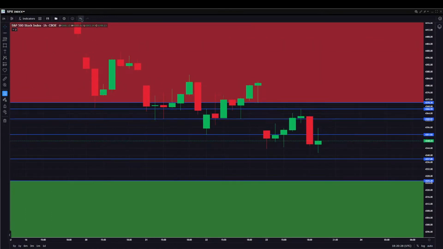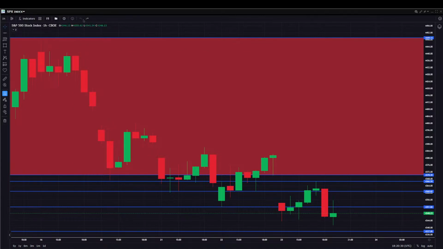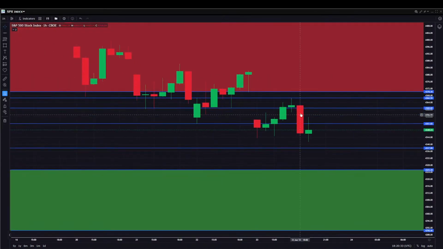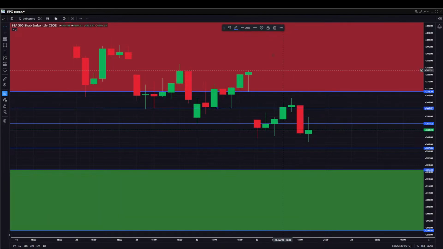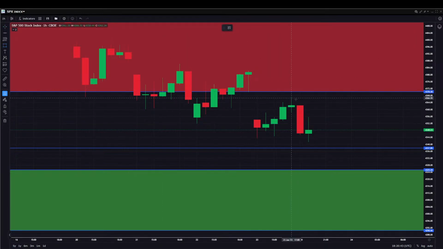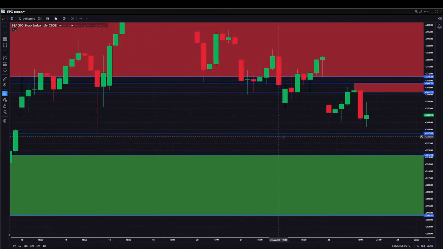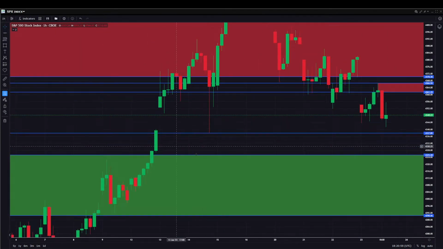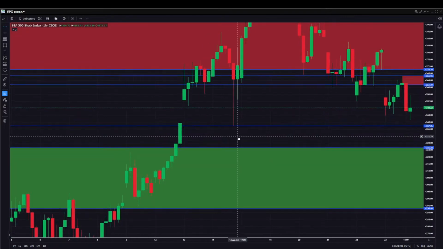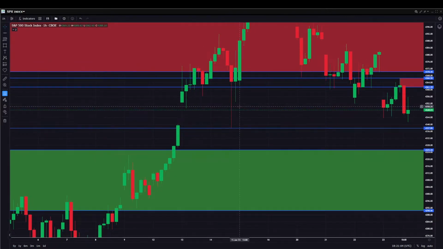So if I wasn't to do any of these levels, the way I would draw my zones, starting with the more recent price action.